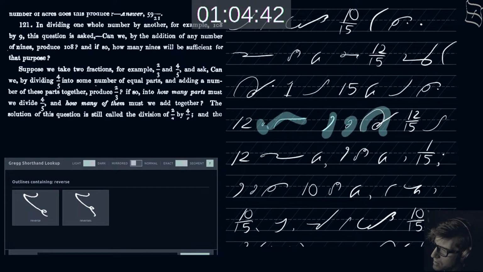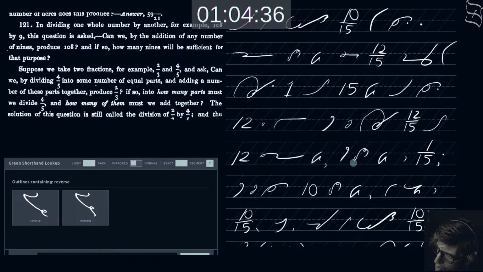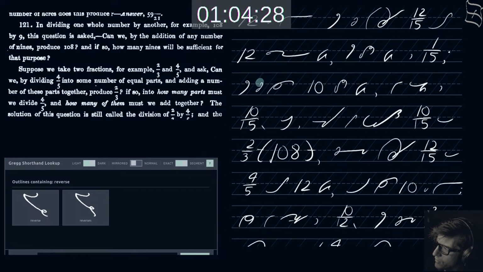If we divide 12/15 into 12 equal parts, each of these parts is 1/15. If we take 10 of these parts, the result is 10/15.